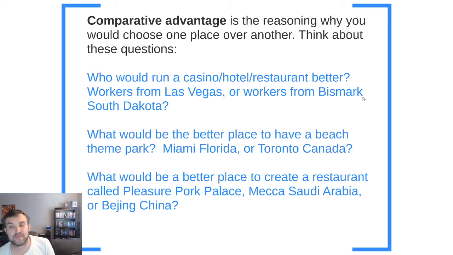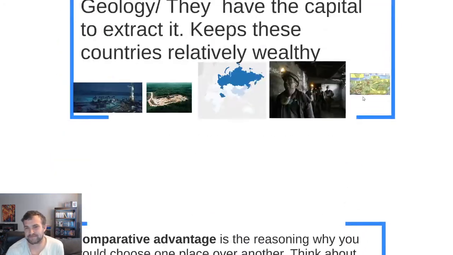Where would be a better place to have a beach theme park, Miami, Florida, or Toronto, Canada? Miami, because it's right there on the beach, and people go to Miami expecting to go to the beach anyway. What would be a better place to create a restaurant called Pleasure Pork Palace, Mecca or Beijing? In Mecca, people don't eat pork, so Beijing, China would have to be the place for you. So all of those are examples of comparative advantage.